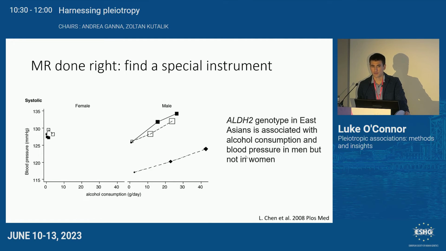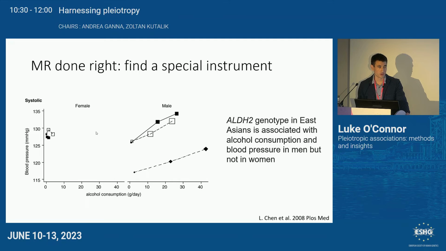The authors of this study found, this is actually a meta-analysis, but these studies looked at individuals mostly in Japan, in places where basically men drink and women don't. And what that allowed them to do was to rule out, or at least partially rule out, a pleiotropic effect. So what they observe is that ALDH is associated both with alcohol consumption and with blood pressure in men, as you'd expect if there were a causal effect of alcohol consumption on blood pressure.